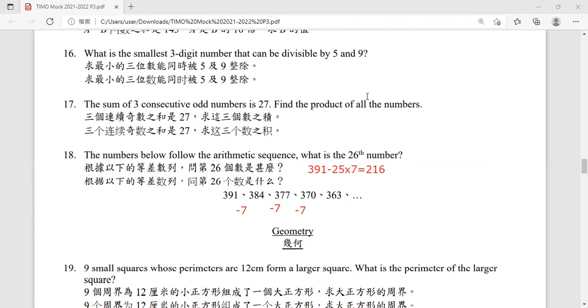Okay. Now let's see, how about the 56th? The 56th. So you try yourself.